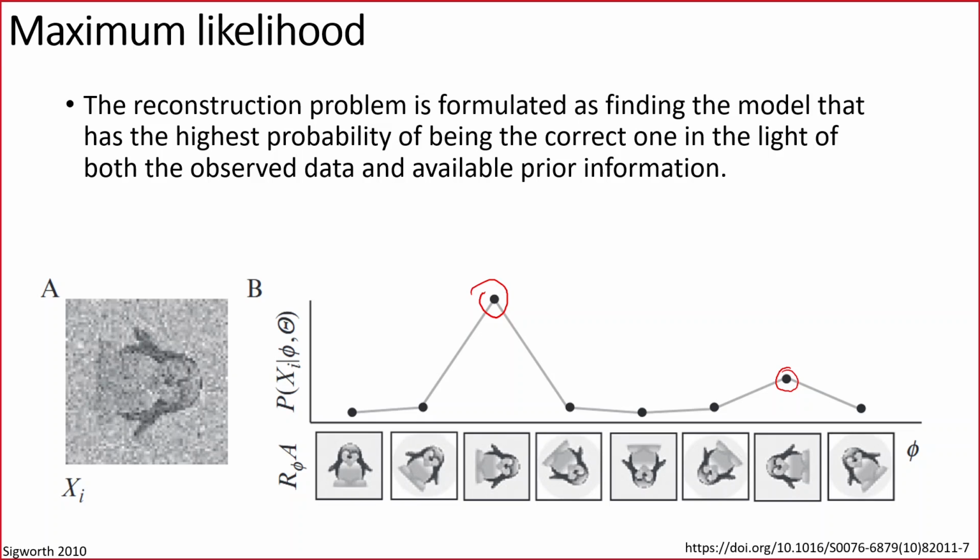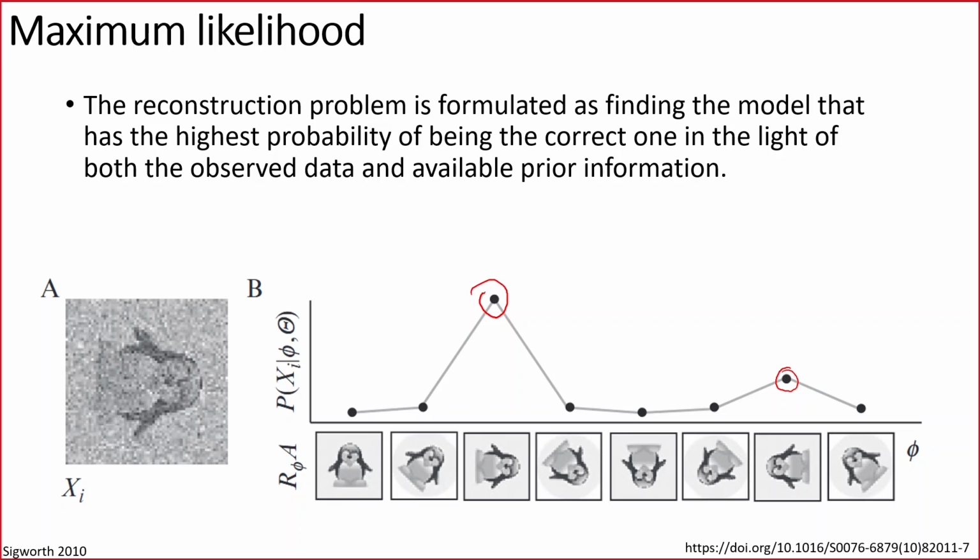Of course, in reality, this is not the truth, because the truth is that if we have a particle in our data set, it has only one orientation. This penguin also has only one orientation, one correct orientation, and there is no other correct orientation.